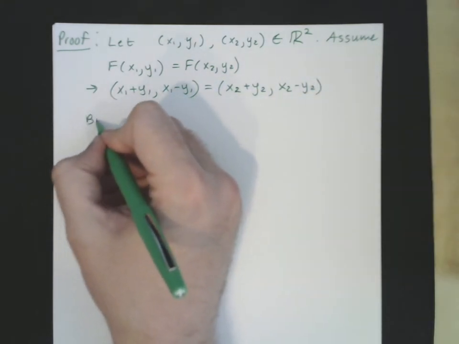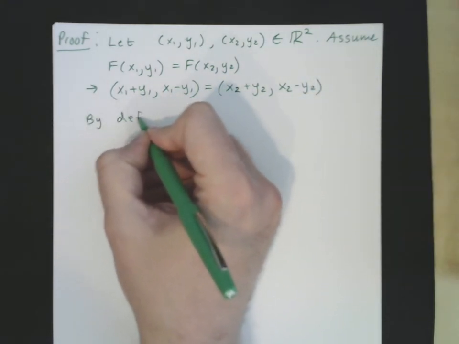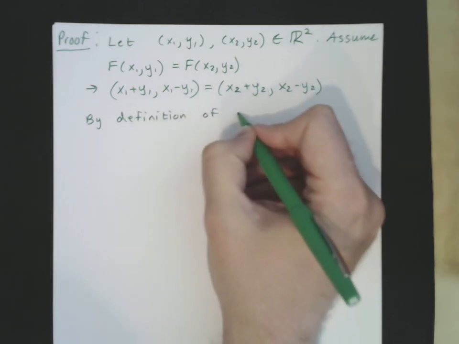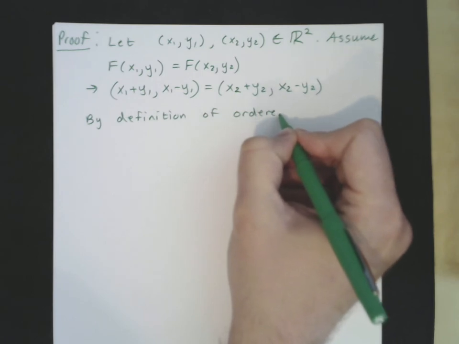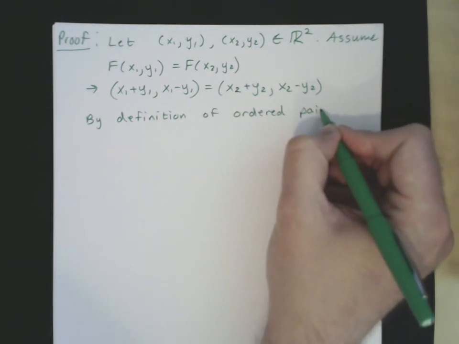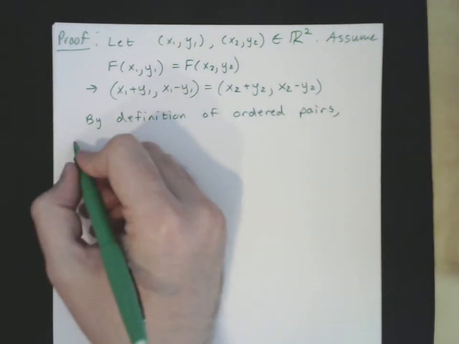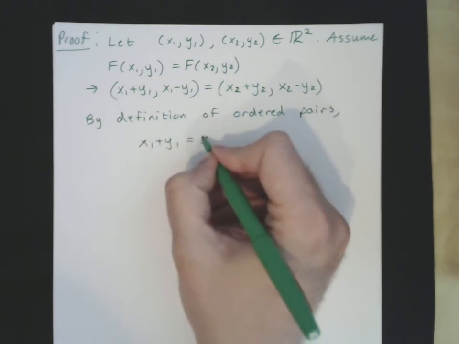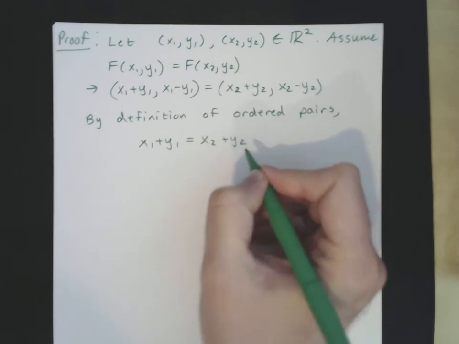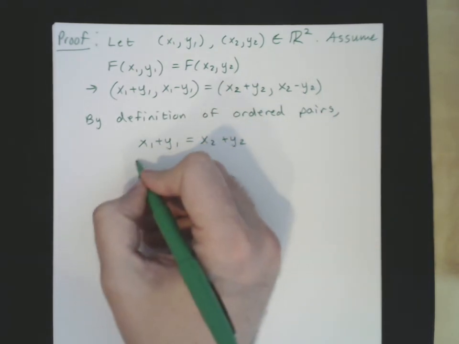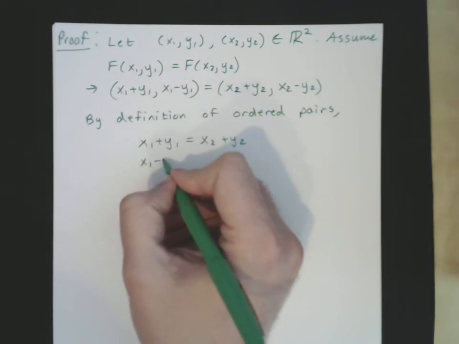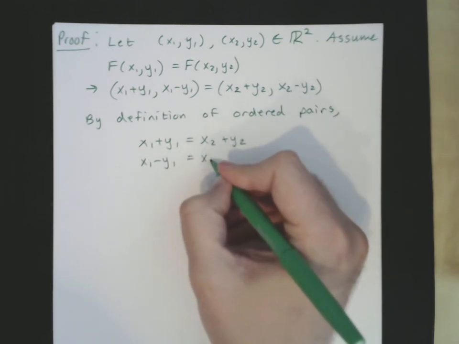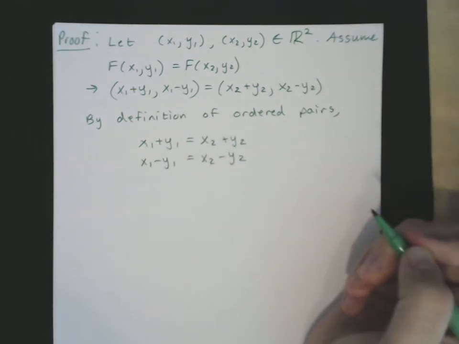And by definition of ordered pairs, x1 plus y1 equals x2 plus y2, and x1 minus y1 equals x2 minus y2.